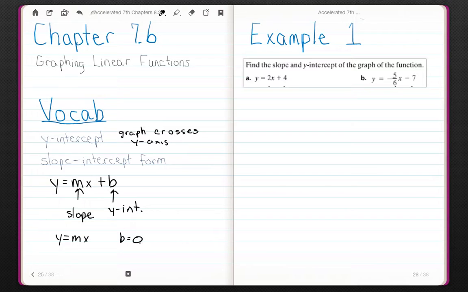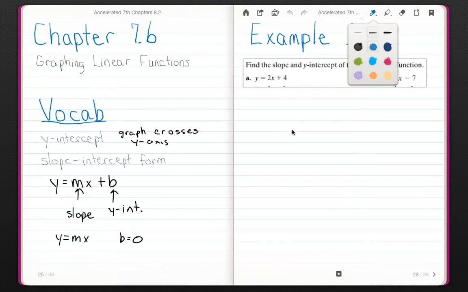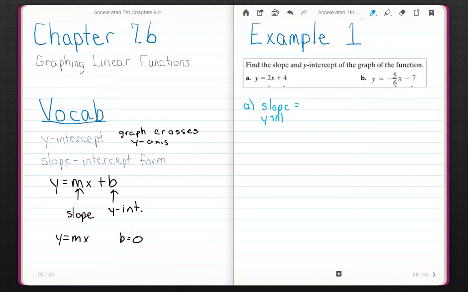So example 1, find the slope and y-intercept of the graph of the function. So this is not asking you to actually graph it, just identify the slope. So let's look at part A. I want to know what my slope equals and what my y-intercept equals.